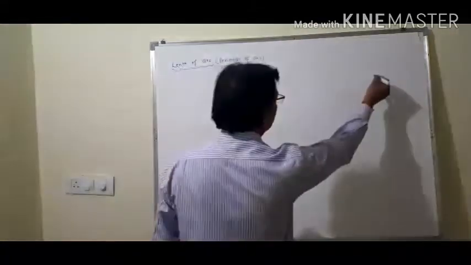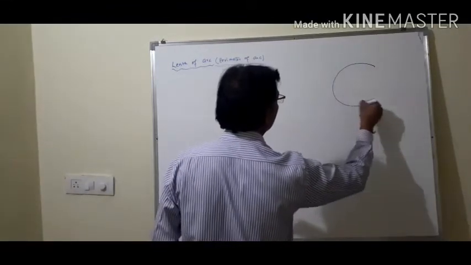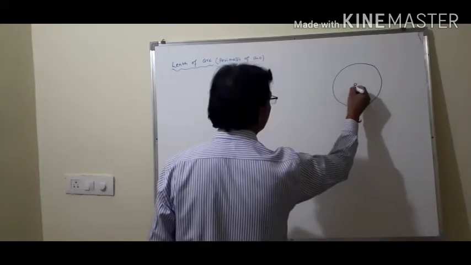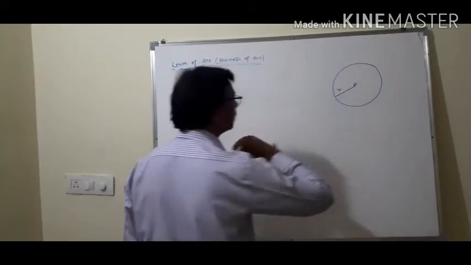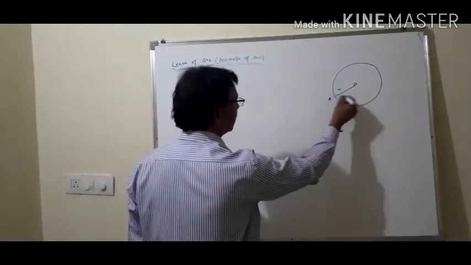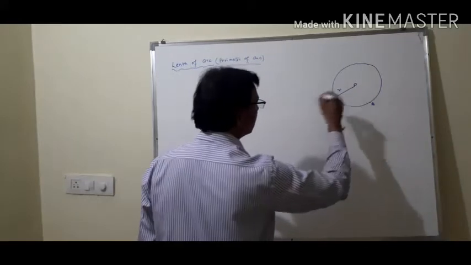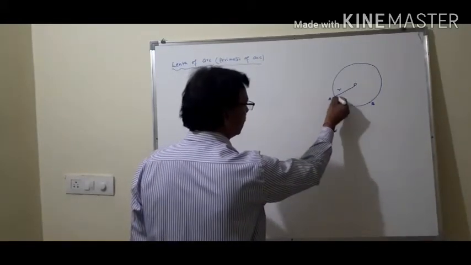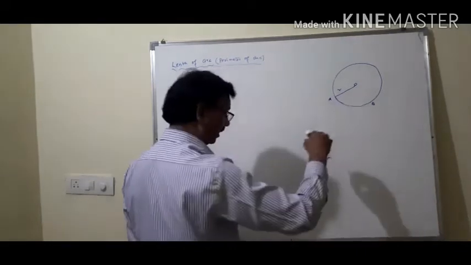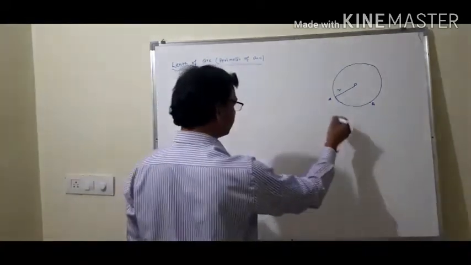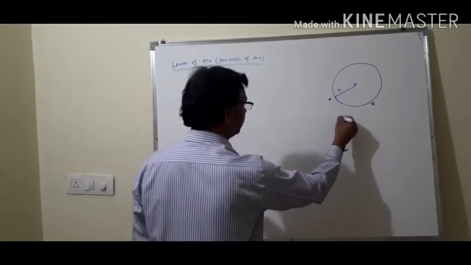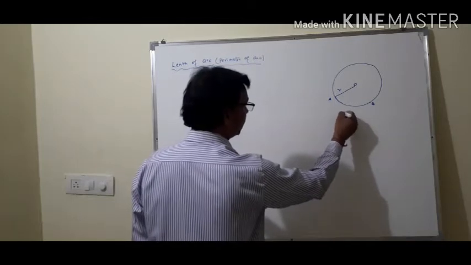Suppose this is a circle with center O and radius R. This is the center O, and the radius of this circle is denoted by R. Suppose you take any 2 points on this circle, A and B. Then the length of this arc A to B is known as the length of arc, and it is denoted by AB.